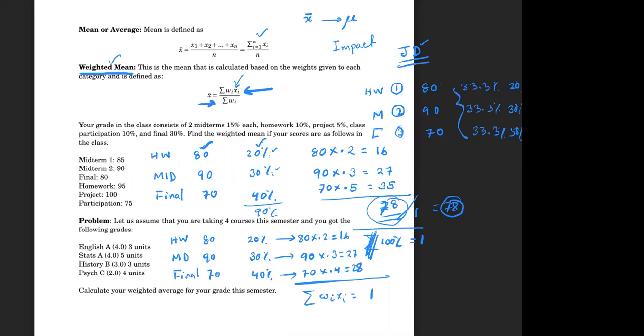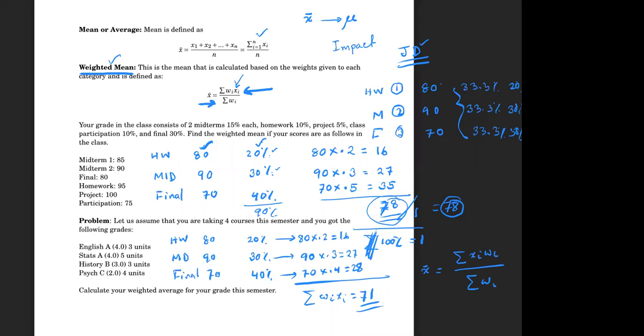Carry over 2. 2 plus 2 plus 2, 6 plus 1 is 7. So you're getting 71 here. Sum of the weights times the individual data points. However, to find the weighted mean, you have to do summation xi wi divided by summation wi.